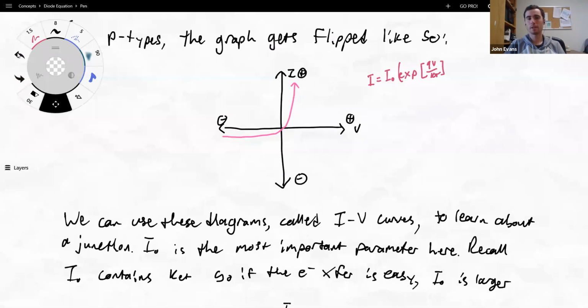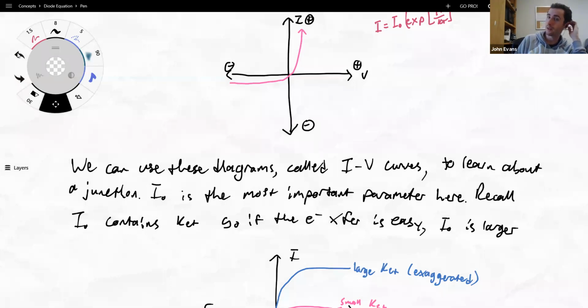All right. So we call these diagrams IV curves. And we use these to learn about junctions. So I naught is actually probably the most important parameter for right now. I naught is our exchange current density. And remember, it contains our electron transfer rate constant.